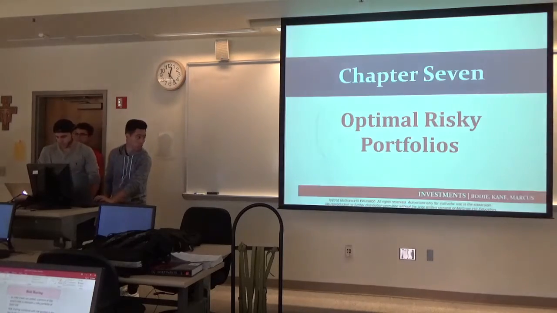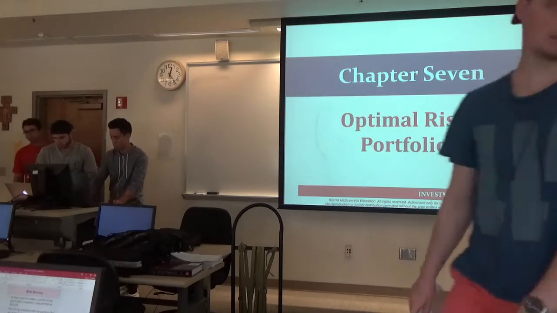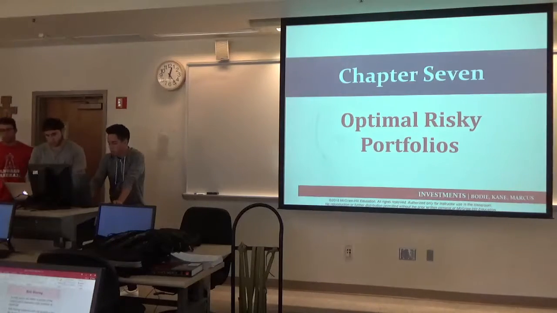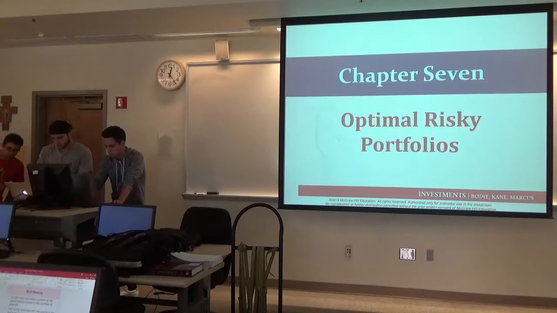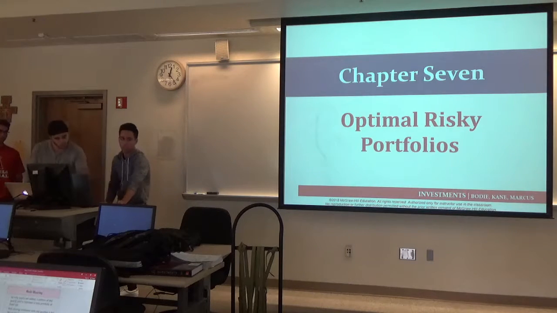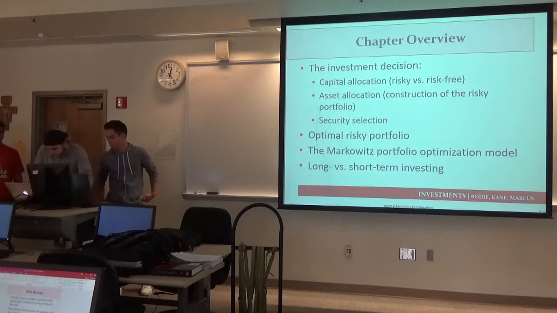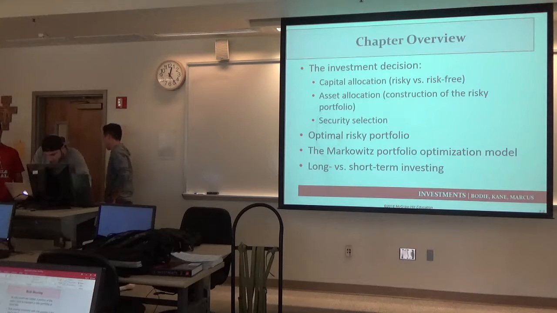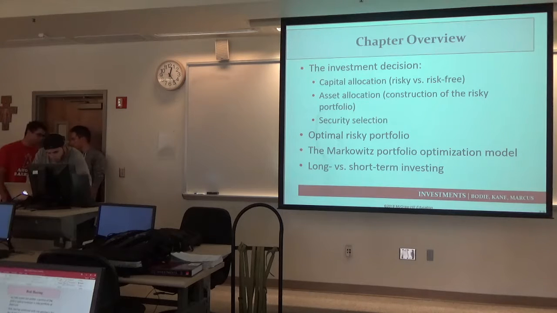Alright, so we'll be talking about chapter 7, which is titled Optimal Risky Portfolios. So the overview: we have the investment decision of capital allocation. It's the apportionment of funds between risk-free investments and risky investments such as stocks, and the risk-free would be T-bills as an example.